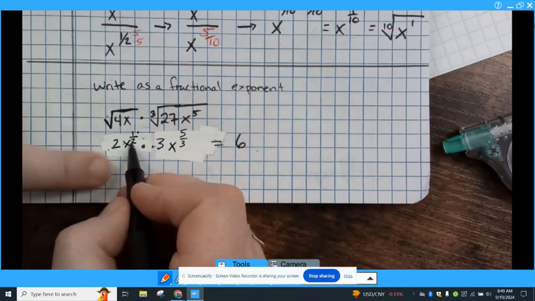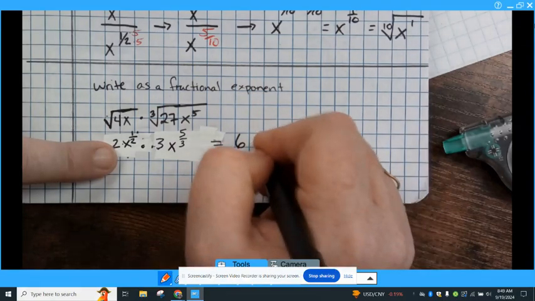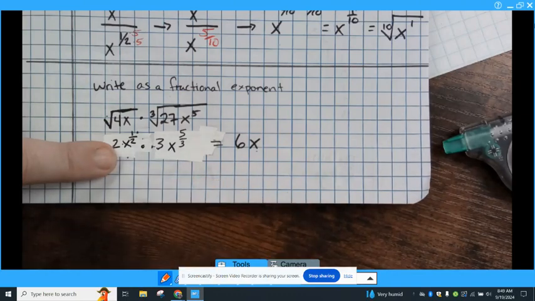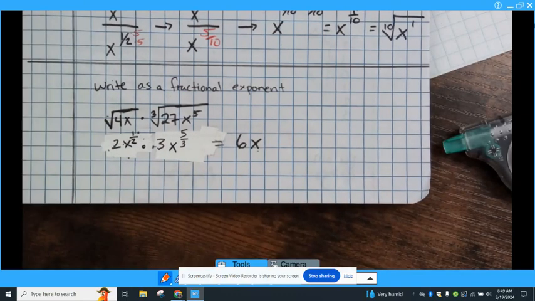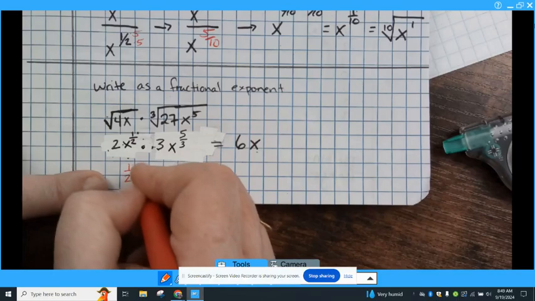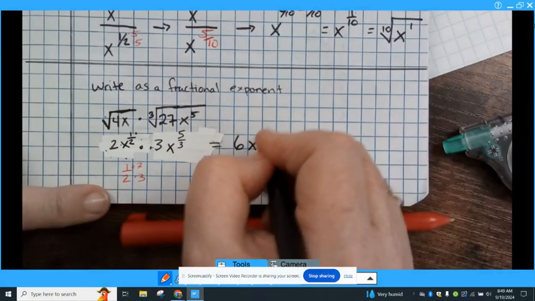I'm going to change these exponents into fractions that have the same denominator, which is going to be 6. So 1/2 times 3 times 3 is 3/6.